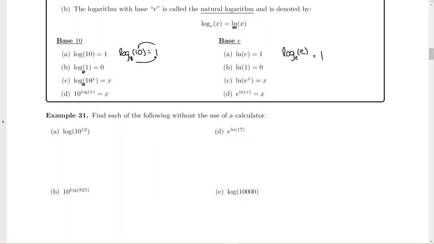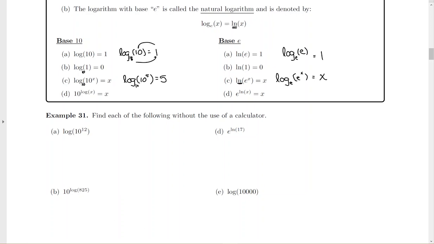So log base 10 of 10 to the x equals x. Log base 10 of 10 to the 5th is automatically going to equal 5. Because again, the base here is 10 if it's not written in. Same with the natural logs. ln is short for log base e, and then my argument is still e to the x.